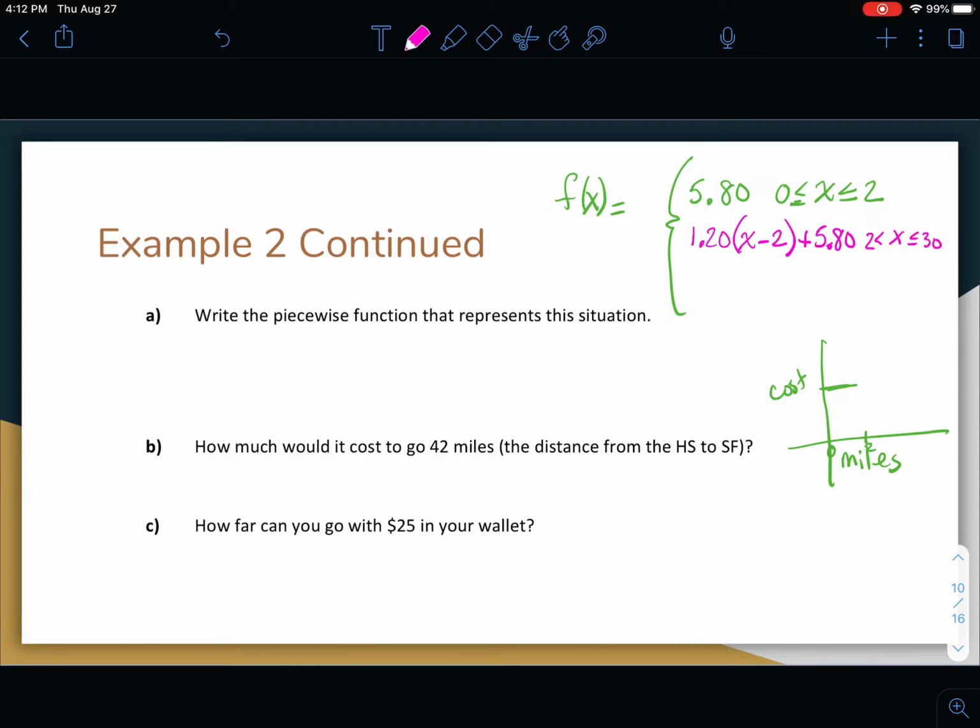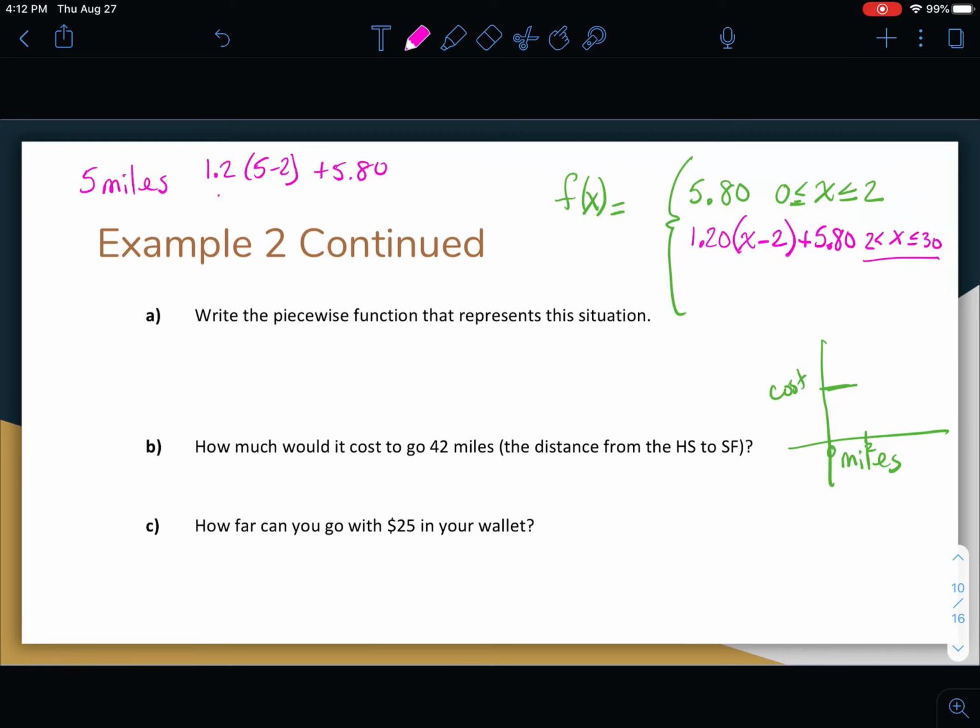Let's just test this out. If I traveled 5 miles, that fits in this restricted domain, so I have to use the second piece. So I would say $1.20 times 5 minus 2 plus $5.80.